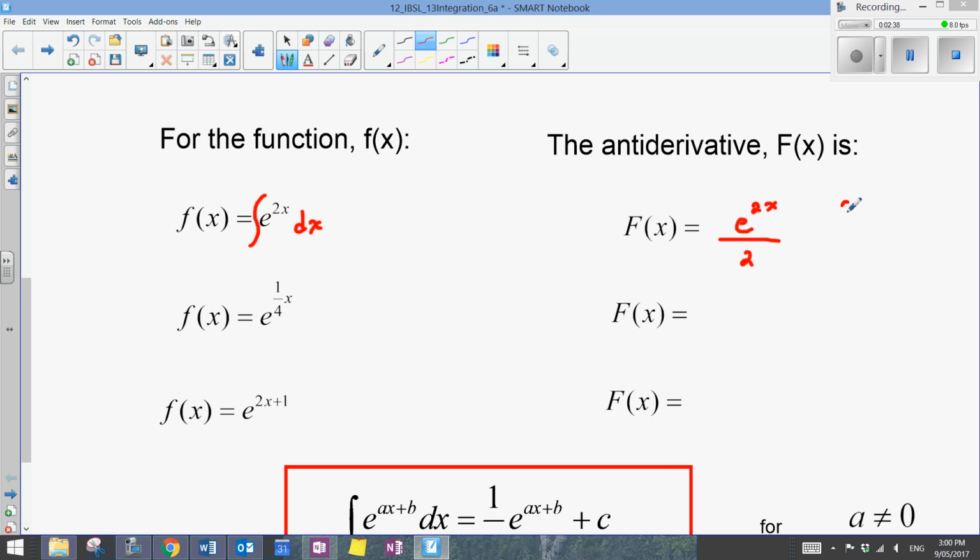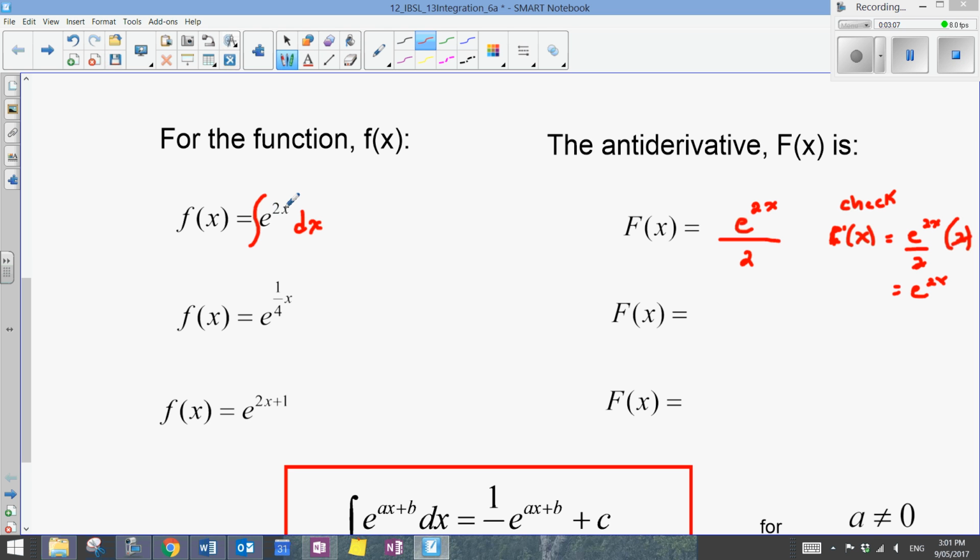And of course we can check, because if we now take the derivative of our antiderivative, so I'll use capital F there. So let's take the derivative of this. We're going to wind up getting e to the 2x, keep everything the same, so over 2, multiplied by the derivative of the exponent, and you'll see how those 2's cancel out, and you wind up getting back to your original function, which is what we started with, e to the 2x.